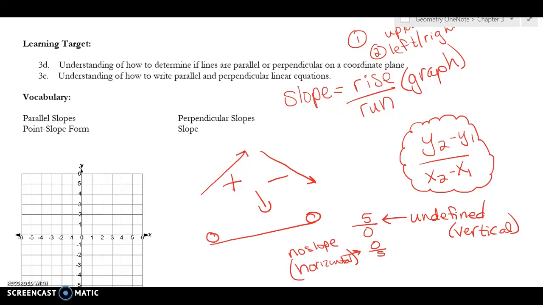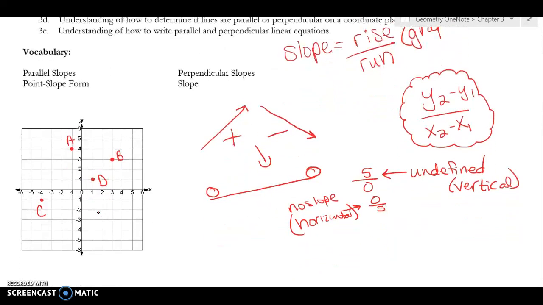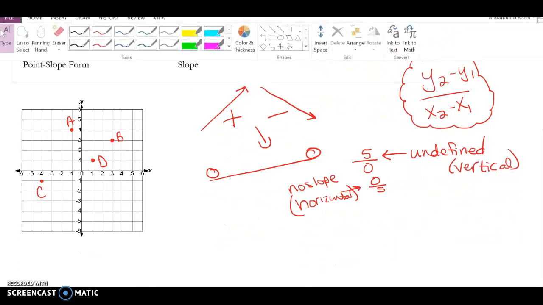So what we're going to do is I'd like you to graph some points. Let's graph -1, 4. We'll call that A. 3, 3. We'll call that B. And then we'll call this one C. And then 1, 1, D. Okay? All right, and so what we're going to do is find the slope of some lines.